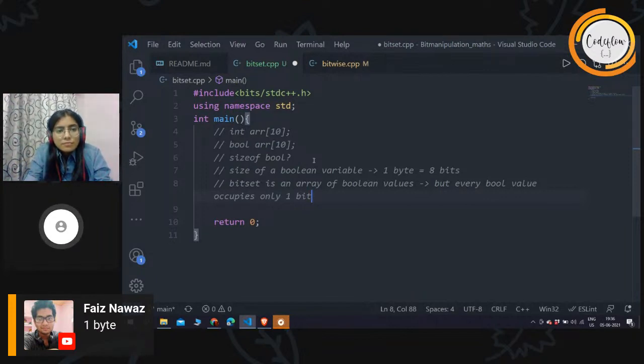How cool is that? You are just decreasing the size by 1 by 8. Otherwise the size of a boolean data type in C++ is 8 bits, but with this bitset we are able to store it in only 1 bit, right?